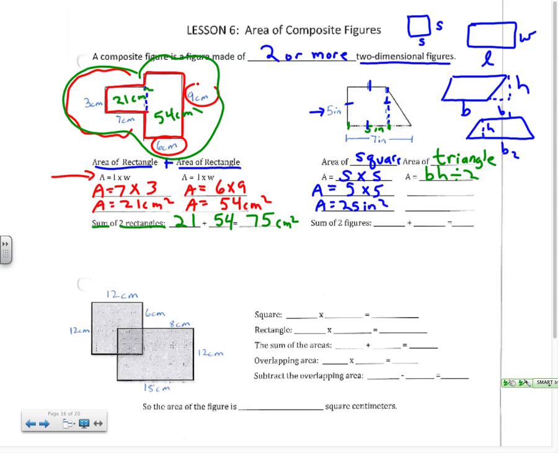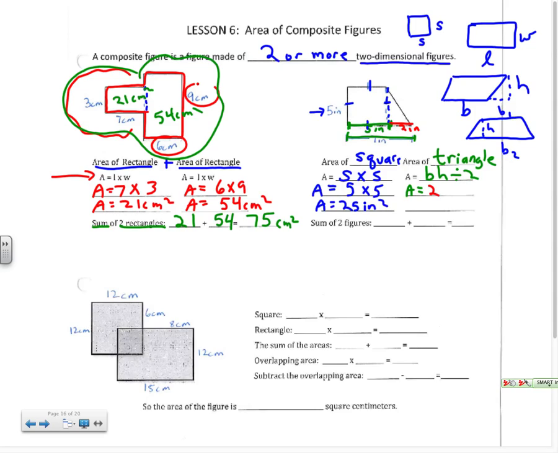I need to figure out my dimensions on that triangle before I can do anything. If it's 5 inches from here to here, and it's 7 inches all the way across, what's left in that small spot must be 2 inches. Sometimes you just have to figure it out by reasoning. Now I have my base, which is 2.